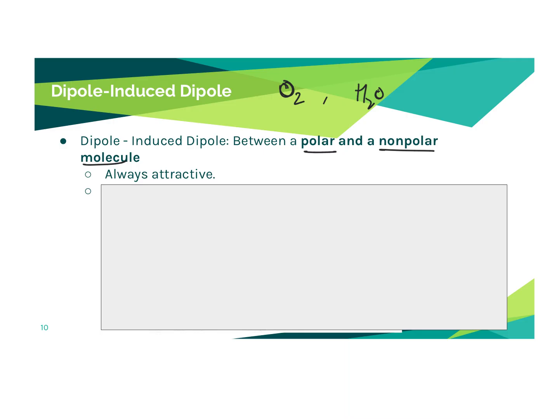You have the hydrogens, which are less electronegative. They won't want the electrons. What will happen is if you have a molecule of O2 near a molecule of H2O, we have our two lone pairs on O2, and then two lone pairs for the oxygen on water. These electrons will be pushing on the electrons there.